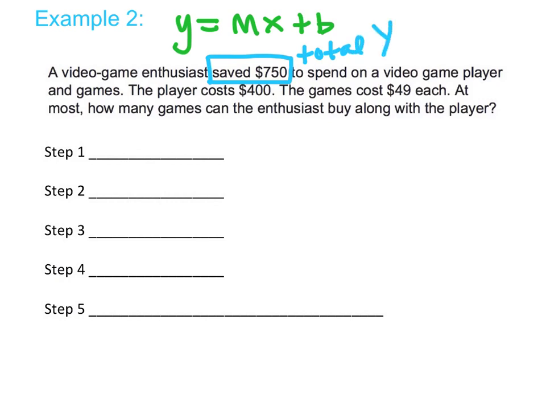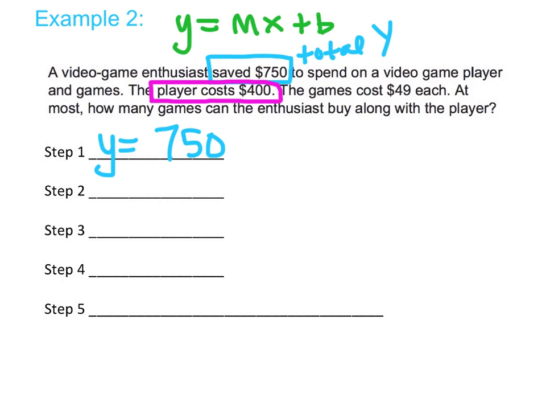It doesn't really matter which one of these lines you put it on, step 1, 2, 3, 4, but I'm just going to label them. We said the first number was 750, and that was the total, or it's supposed to represent the letter Y. The next number, as I'm reading along the problem, I see 400. 400 is the cost of the player. If you're not sure, you can ask yourself, am I going to buy one player, only one video game player, or am I going to buy a lot of video game players?